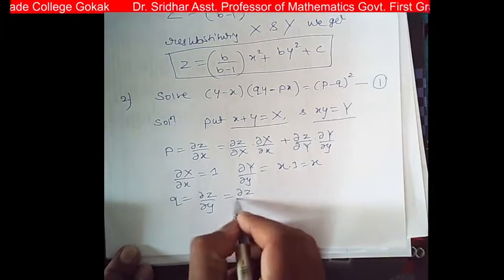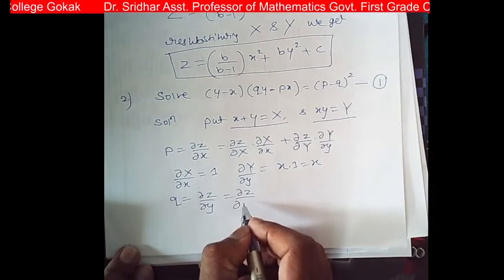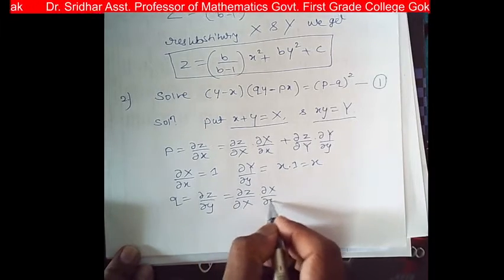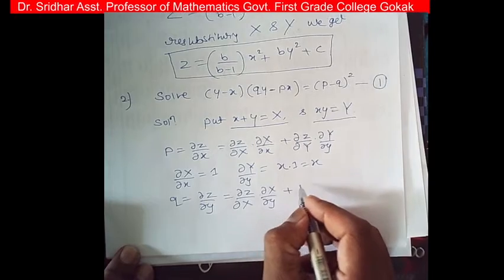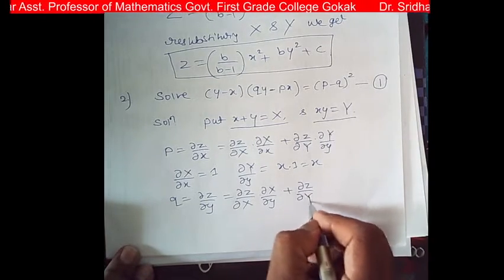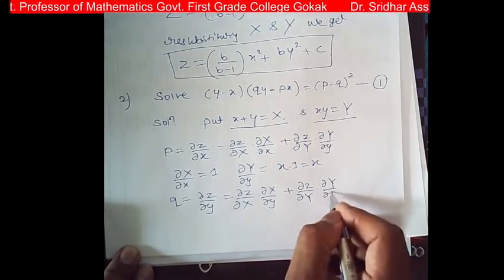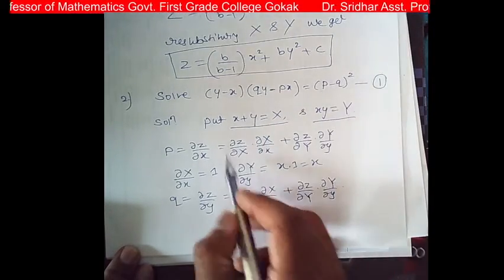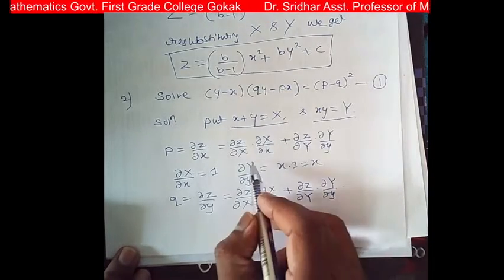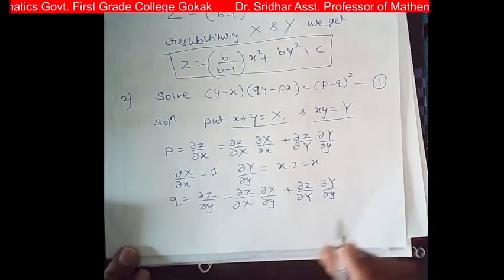This can be written as ∂z/∂X into ∂X/∂y, then ∂z/∂Y into ∂Y/∂y. Similarly, this will do, but with respect to y. Right?